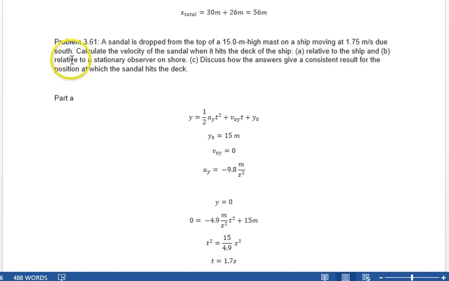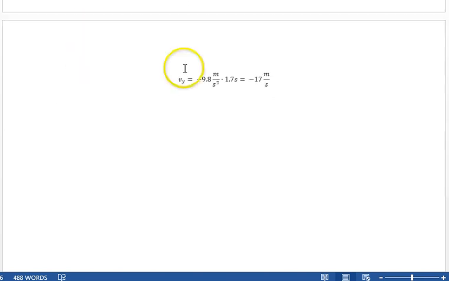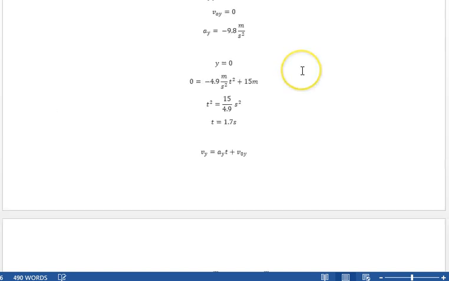All right. What is the velocity of this relative to a stationary observer? For part A, because the ship is moving with the sandal in X, we're not worried about the X component, because the X component relative to the ship is 0. But relative to someone on the shore, it's not 0.